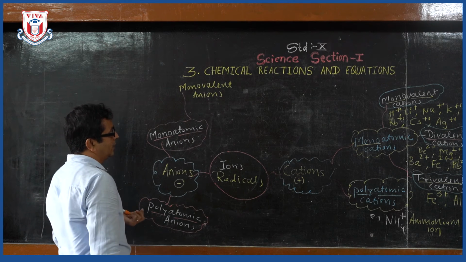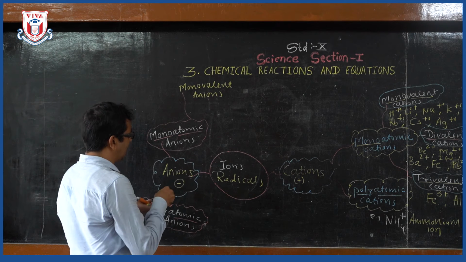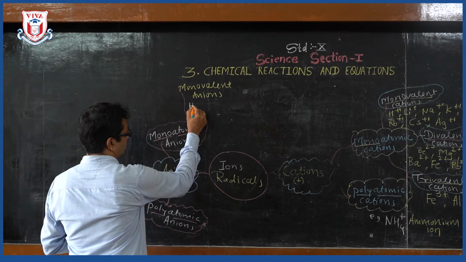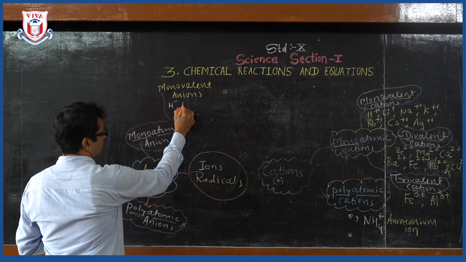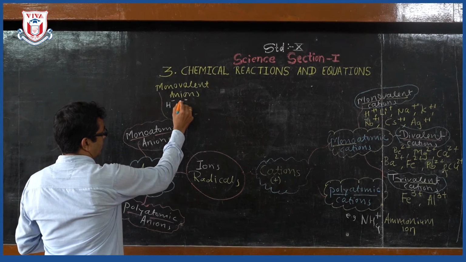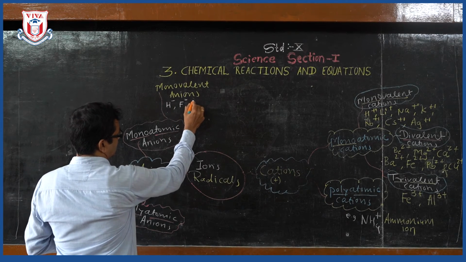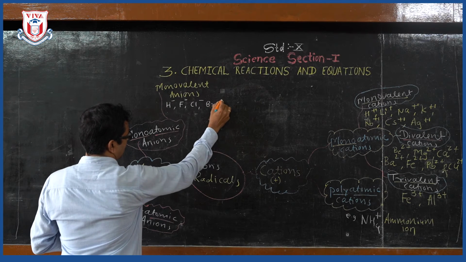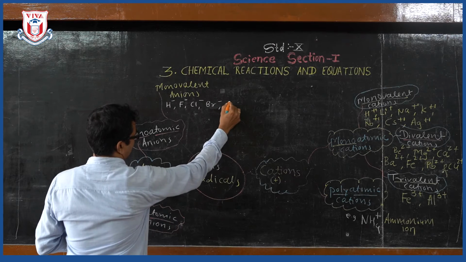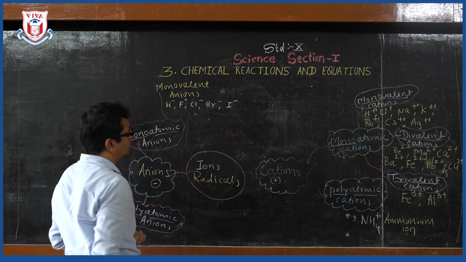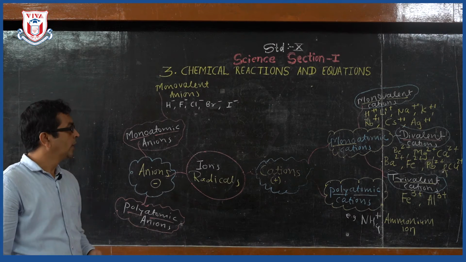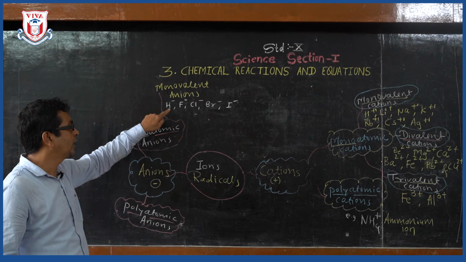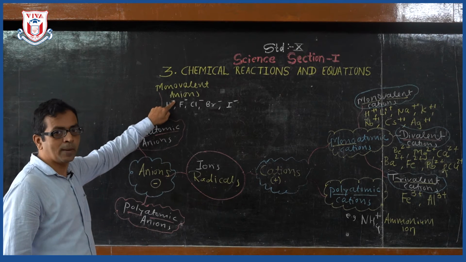In monovalent anions, I can write examples, that is H minus, F minus, Cl minus, Br minus, I minus, etc. Okay, so hydrogen will gain one electron and it will form H minus.